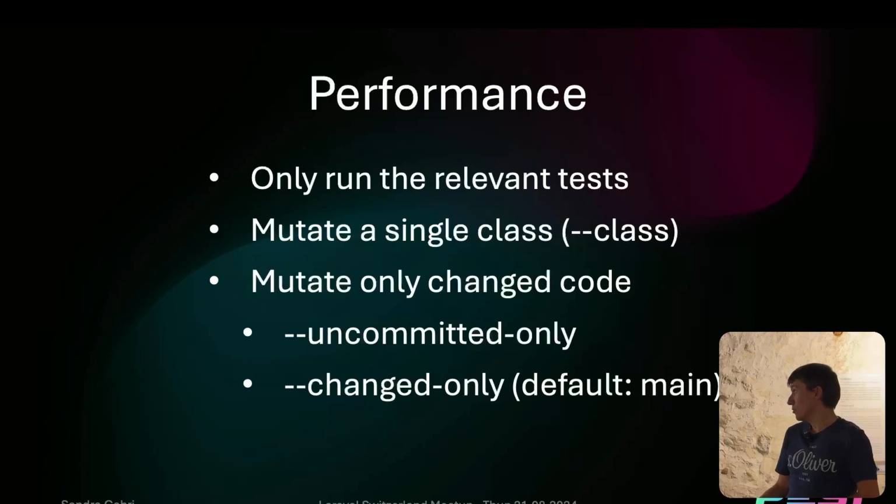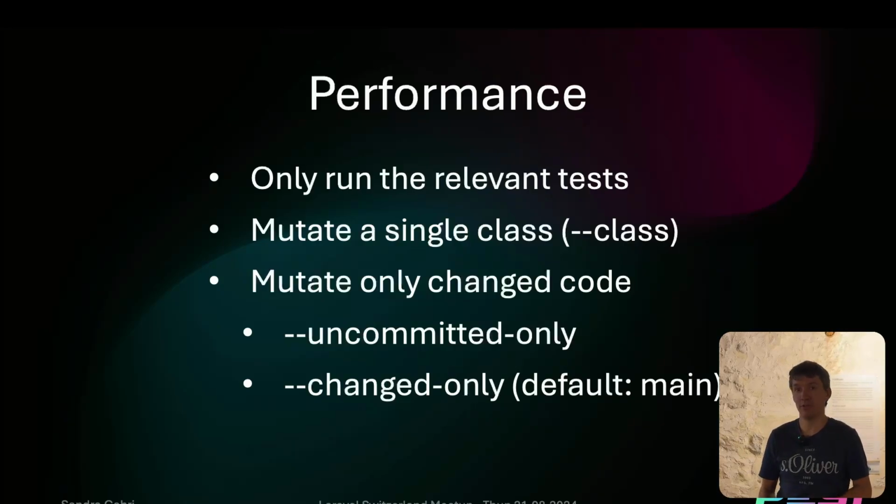There are options to mutate only the changed code. So there's a flag, uncommitted only, for when you're working on a new feature. Or there is another option, changed only, which is the diff to another branch, normally the main. This is very helpful when you're going to review a PR. Then it only mutates the changes that were made by one of your colleagues.